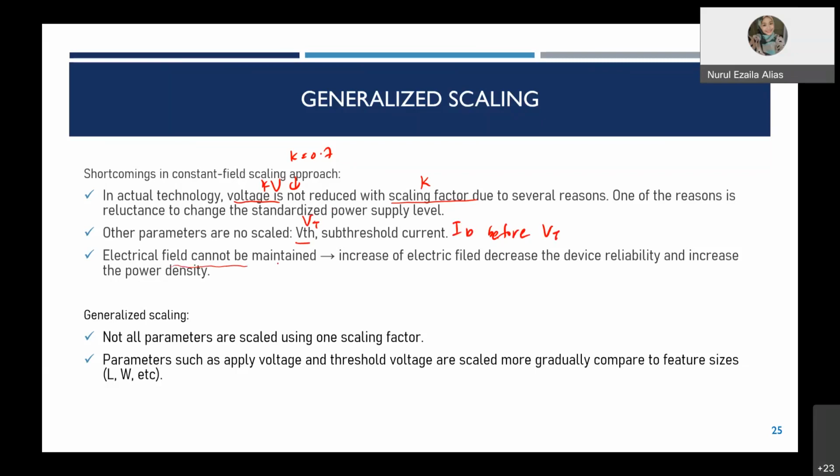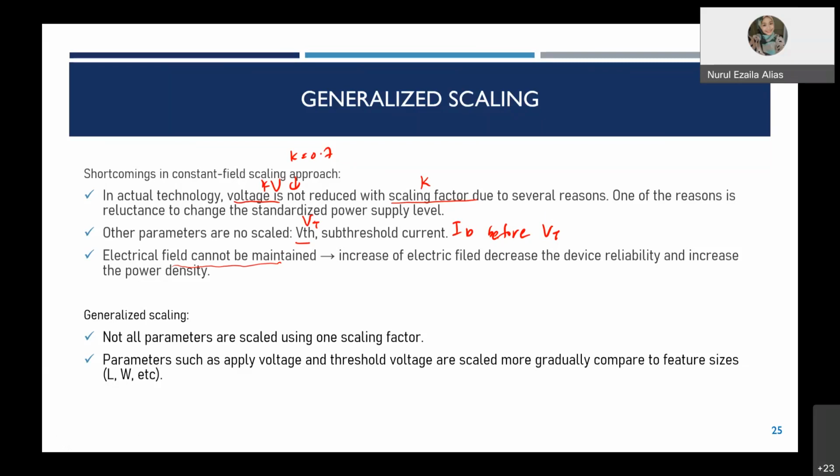If we want to use constant scaling, the electric field has to be maintained. However, this is hard to maintain. For long channel it works, but for short channel it is not really suitable, where the electric field cannot remain constant. It may increase if we use this constant field scaling approach.